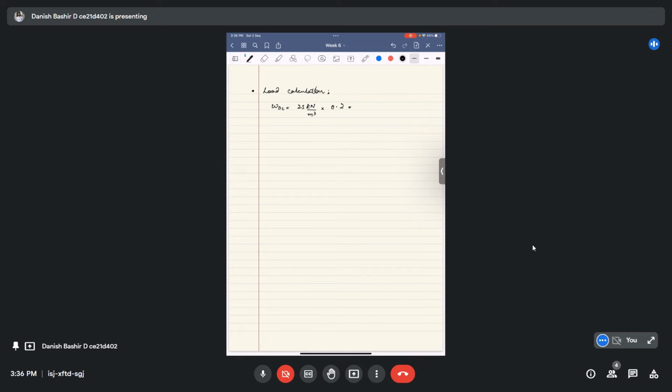The total dead load will be 5 from self-weight plus 1 from finishing, because it was already mentioned in the problem, so it is 6 kN per meter square. And the live load is 4 kN per meter square.